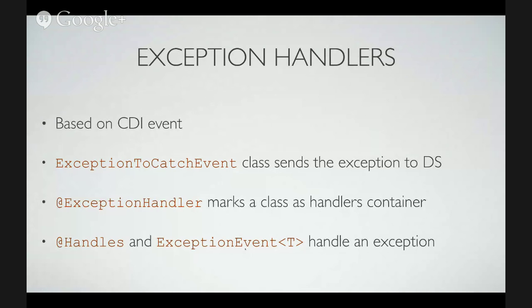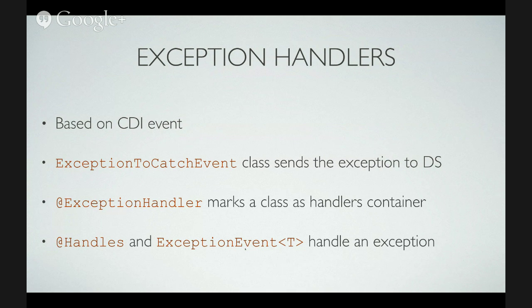DeltaSpike provides you a way to handle your exceptions in your development. It's based on CDI events, and you will use a few classes and annotations to trigger the whole exception handler system. You will start with an ExceptionToCatch event that will wrap your exception.